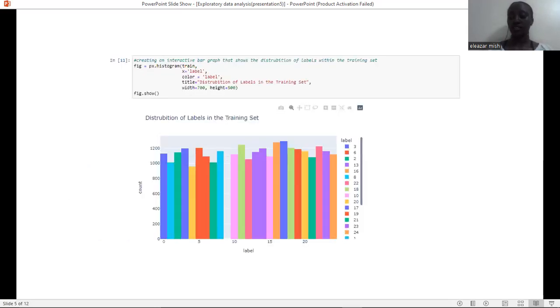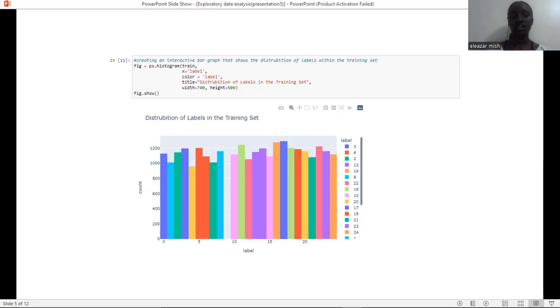And then this is a histogram that's representing the training data. The labels in the training data, the different colors represent the labels. That's on the x-axis. Then the y-axis is just the count.